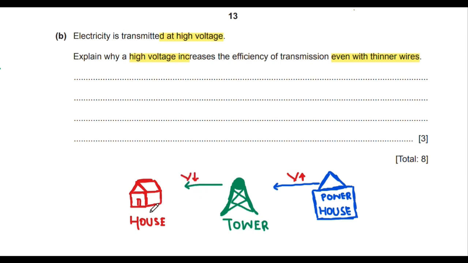So why are we increasing and decreasing the voltage? Because the power, current and voltage are connected by the formula P = IV. If we increase the voltage, for the same amount of power, the current must decrease. And you know, the power loss is measured by the formula I squared multiplied by R. So if the current is reduced, that means power loss would be reduced.